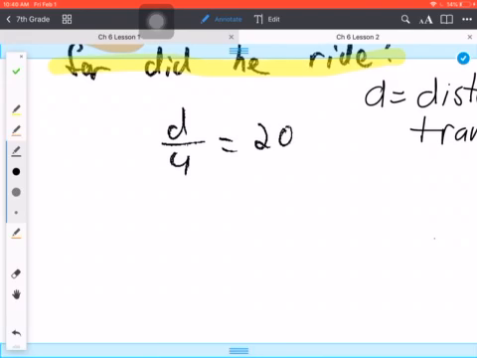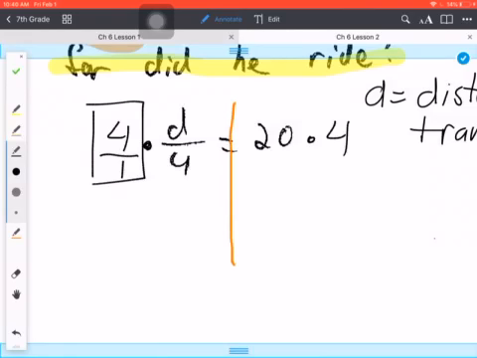Now, I have D divided by 4. In order to undo that division, I'm going to multiply. Make sure I have my line here. Now, whenever I multiply a fraction by a number, it's really helpful to change that number into a fraction. So now, instead of just multiplying by 4, I'm multiplying by 4 over 1.